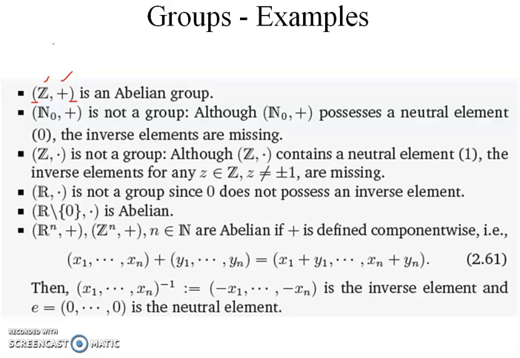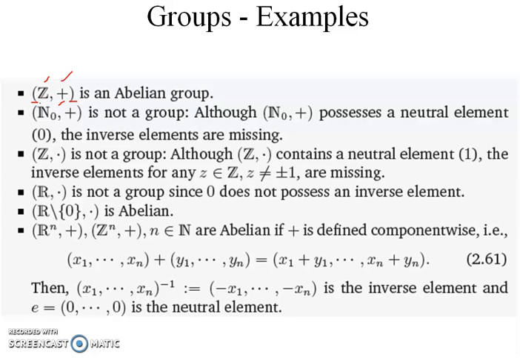In our textbook, it follows the parentheses. The group means within the parentheses, the set that we are considering is included, followed by the operation with which the elements of the set will be performed.